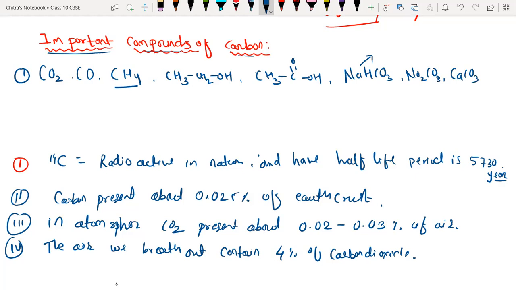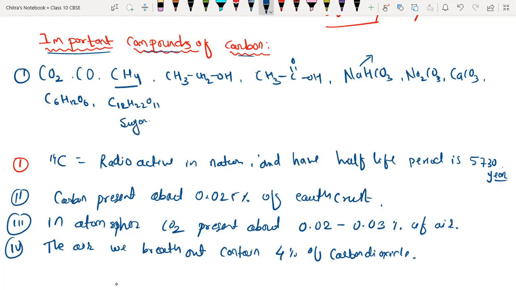Most of our bones and tooth enamel are made up of calcium carbonate. Then C6H12O6, glucose, an energy-providing nutrient. And C12H22O11, which is sugar.